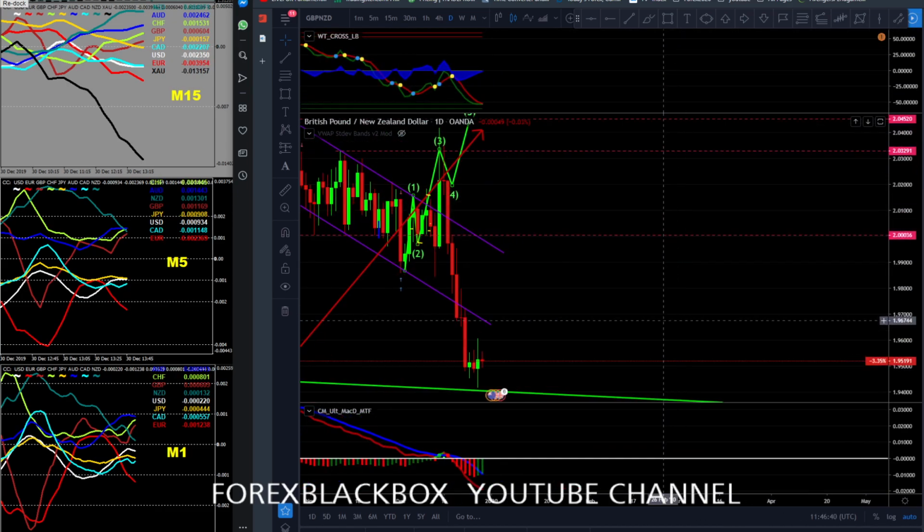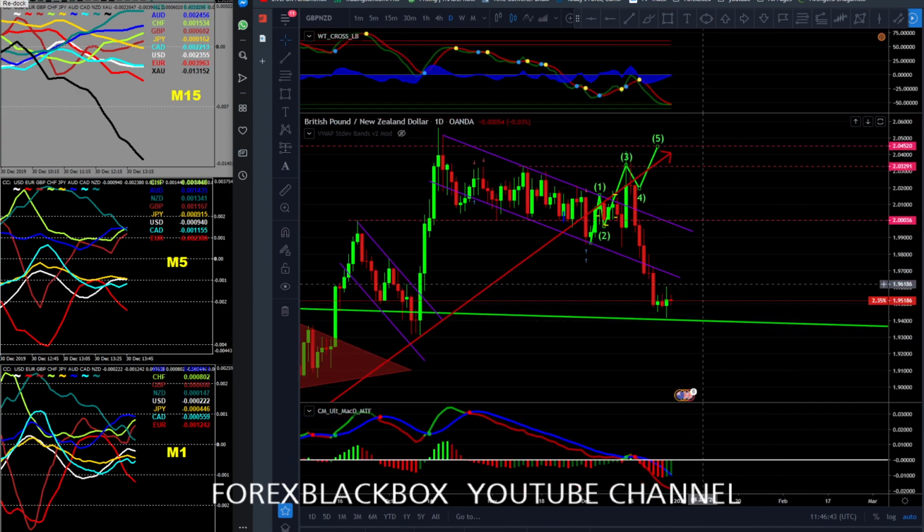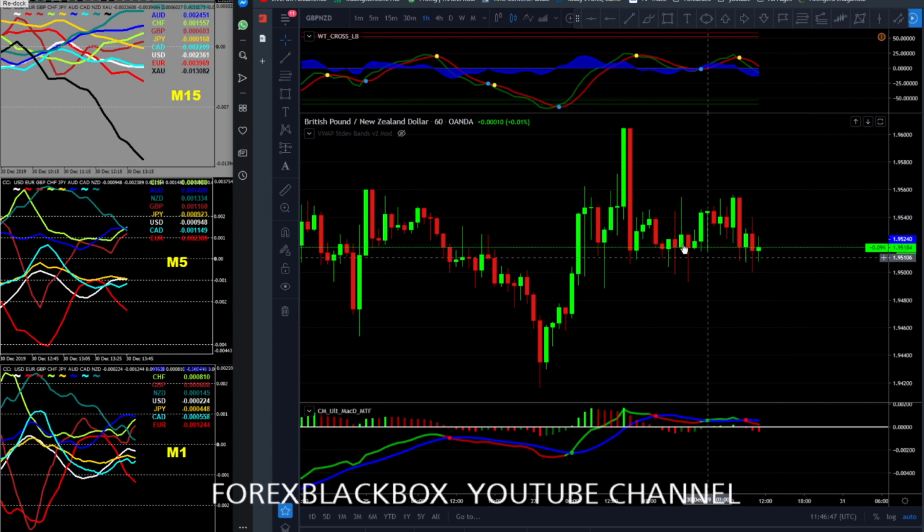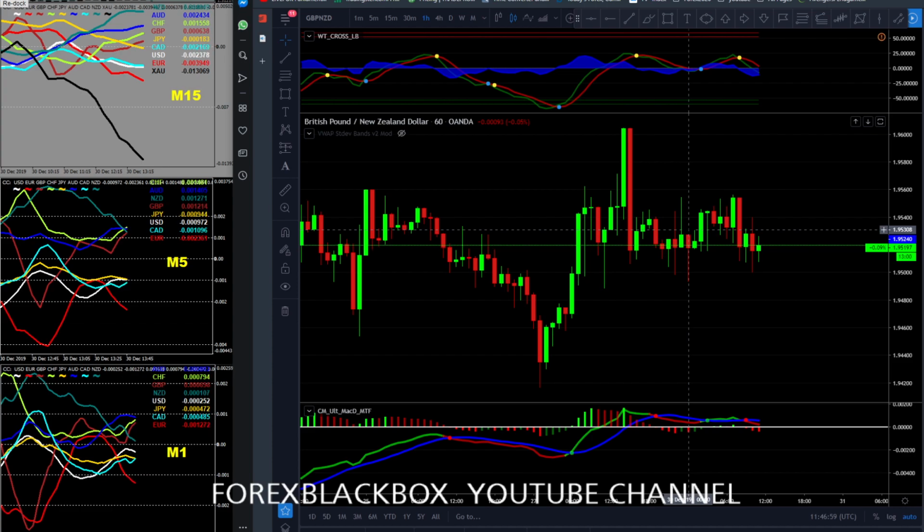See, New Zealand is strong, actually, moving on nicely. Still, all pound pairs are waiting for the new Prime Minister and all that stuff. Brexit is always the main driver of pound pairs. So we kind of have to wait for it.